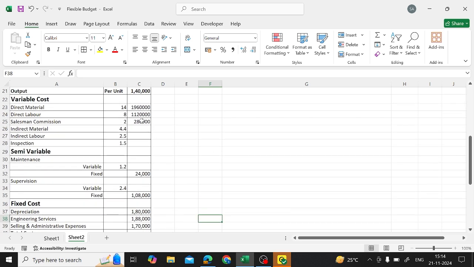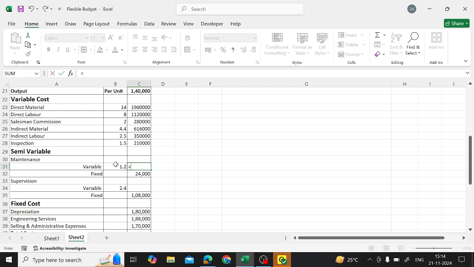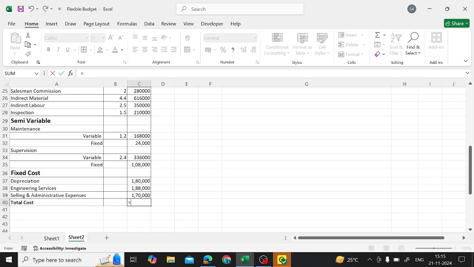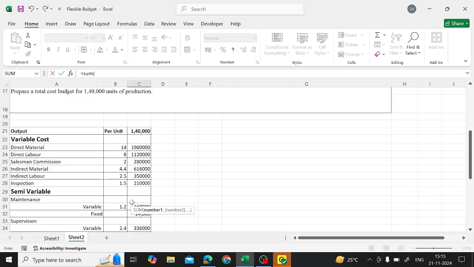Okay, now for this I can drag the formula here also. Here I can also do it, but here I'm writing it like this. And for the total you will take the sum.